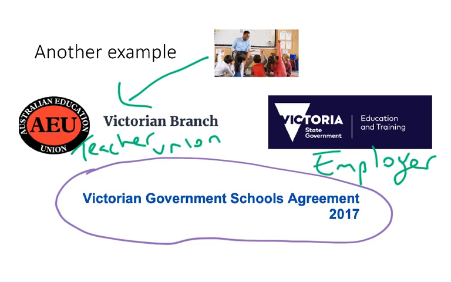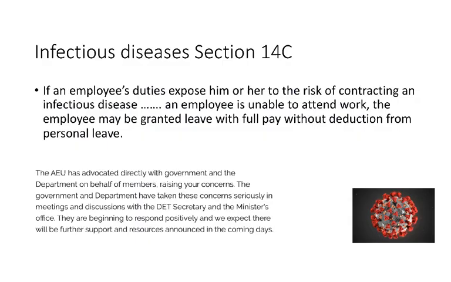So this is for government schools only. I'm going to show you a condition in the Victorian Government Schools Agreement which was negotiated when it comes to the coronavirus. Under section 14C, there's a condition in our enterprise agreement when it comes to infectious diseases.